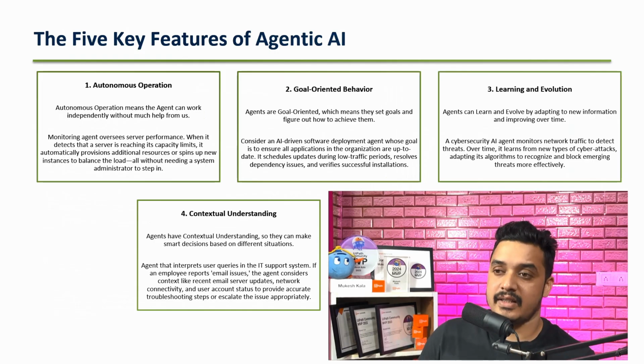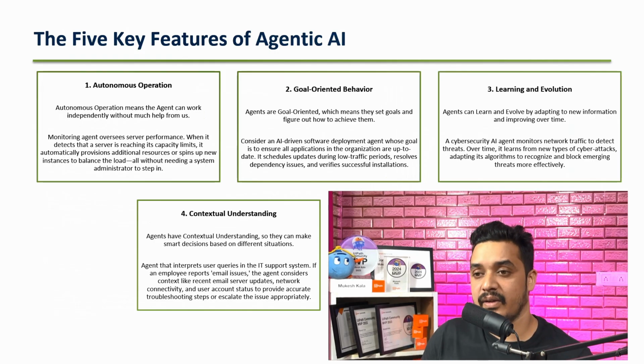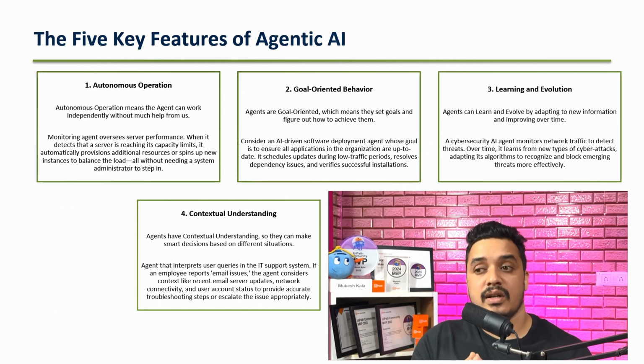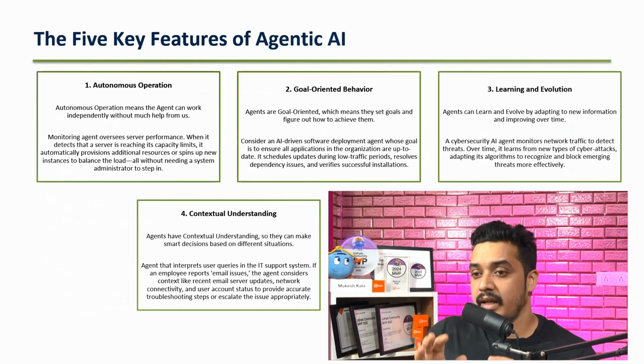Fourth characteristic, contextual understanding. Agents have contextual understanding so that they can make smart decisions. What do I mean by that? Take an agent that interprets a user query in the IT system.